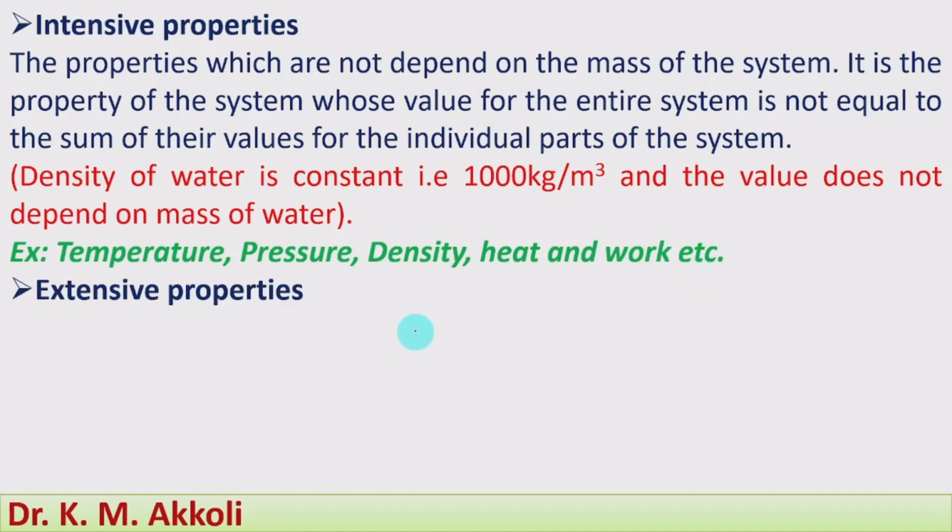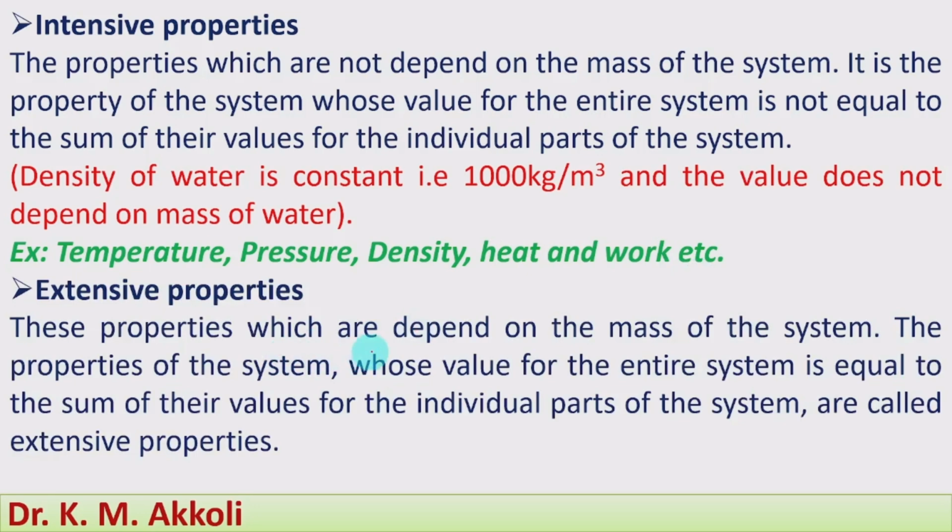Extensive properties are those properties which depend on the mass of the system. They are properties of the system whose value for the entire system is equal to the sum of their values for the individual parts of the system.